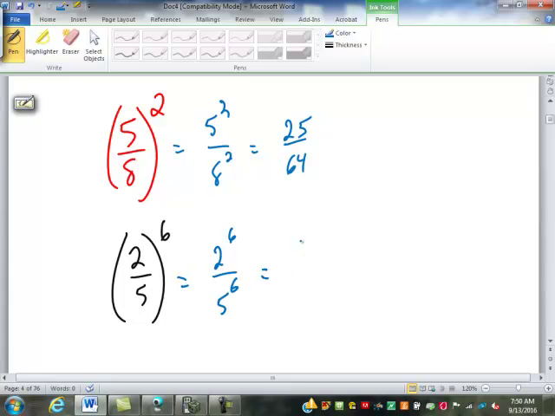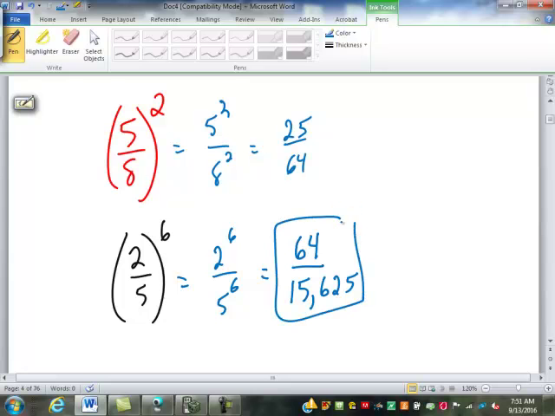What's 2 to the power of 6? 64. 5 to the power of 6? 15,625.